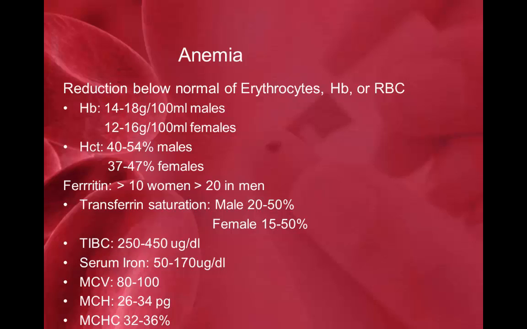The basic combinations for anemia would be normocytic normochromic, so normal with normal; microcytic hypochromic, which is low cell size with low color; or macrocytic, big size with normal color, because remember, the bigger the cell, the higher the distribution of color or pigment among those cells. So it is evenly distributed, and macrochromic does not exist. So you would say macrocytic normochromic.